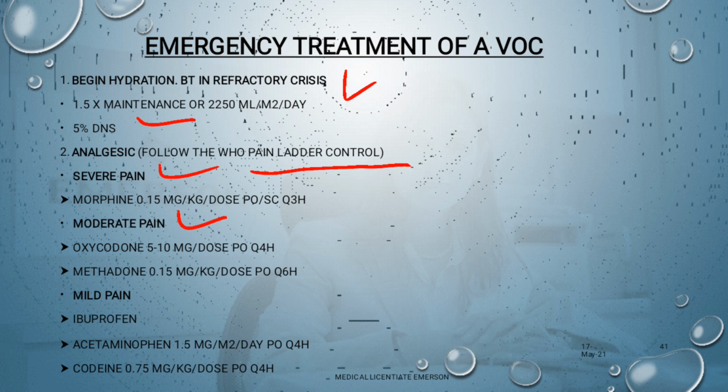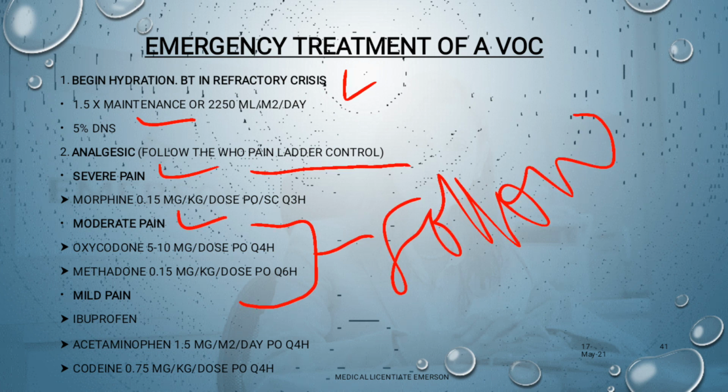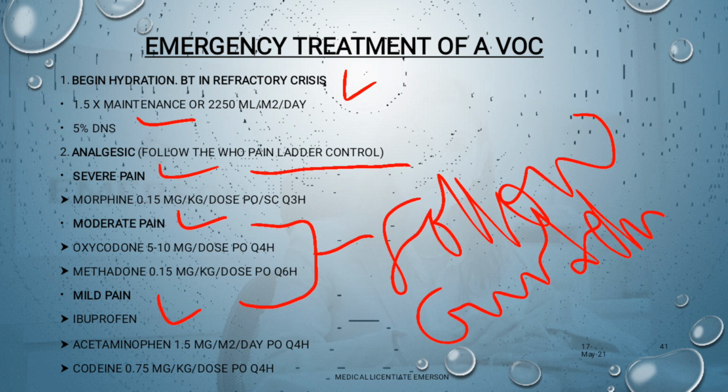But remember, the management is not necessarily cast in stone, so you have to follow your hospital guidelines. Guidelines may differ per hospital and also with availability of drugs. Then if there is mild pain, you can give ibuprofen or acetaminophen.